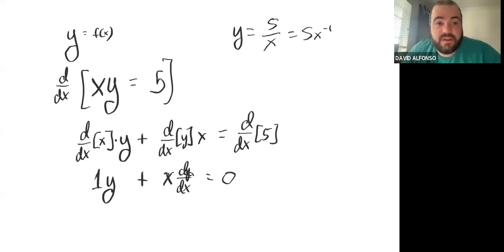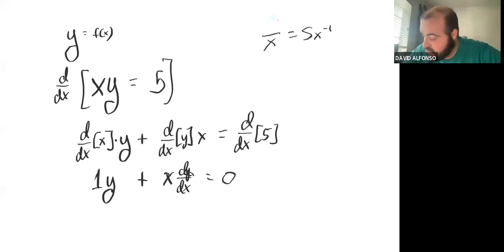But obviously, you might get equations that are very complicated, where it's very difficult to isolate the y. So it's easier to just implicitly differentiate, differentiate both sides with respect to x, and treat y as a function of x. That's the shortcut.